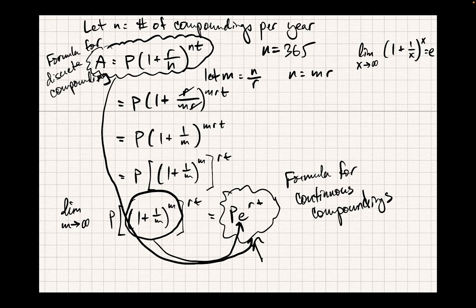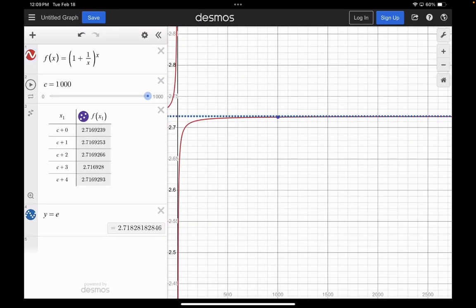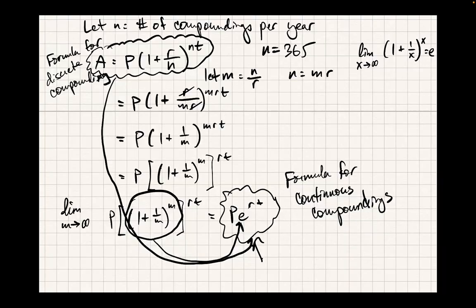We let m approach infinity, and that caused this interior part to convert to e. So this is allowing our graph to grow without bounds. You're getting closer and closer, and we just said, what happens in the limit as x approaches infinity?